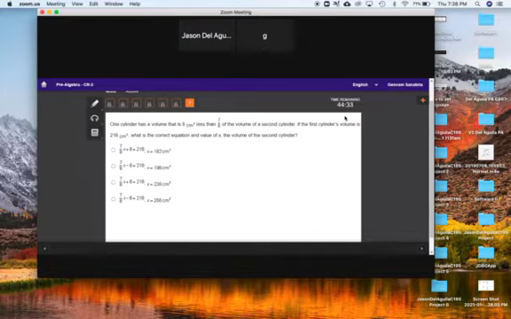Yeah, so x is the volume of the second cylinder. This is like backwards. Yeah, they always do. One cylinder has a volume that's 8 centimeters cubed, less than 7/8 of the volume of the second cylinder. Let me write that down real quick.